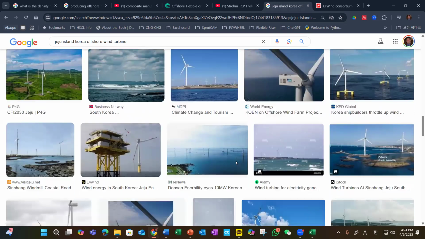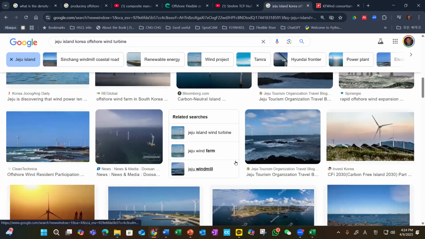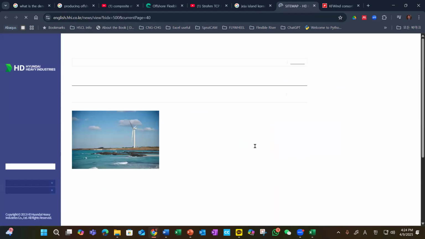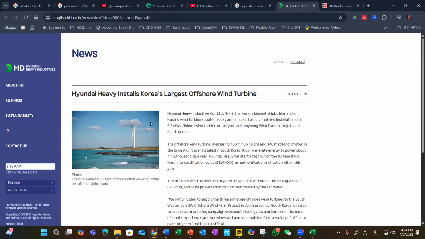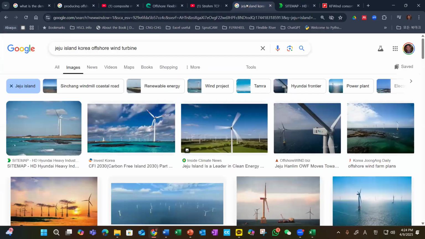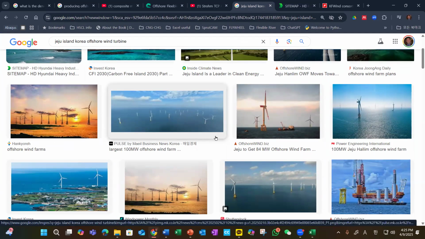So you can imagine how many jobs will be created. As you can see here, this is Hyundai. This is from a long time ago, but there was a huge plan more than 10 years ago, and nowadays this boom is back again.